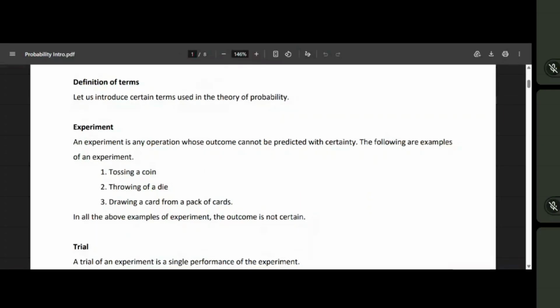You can't predetermine whether it's the king, the ace, or the 10, whether it's the spade, the heart, the diamond, or whatever. You can't tell in advance. If you are able to tell in advance and it always happens, then it is not an experiment, because for an experiment, you cannot predict with 100% assurance.